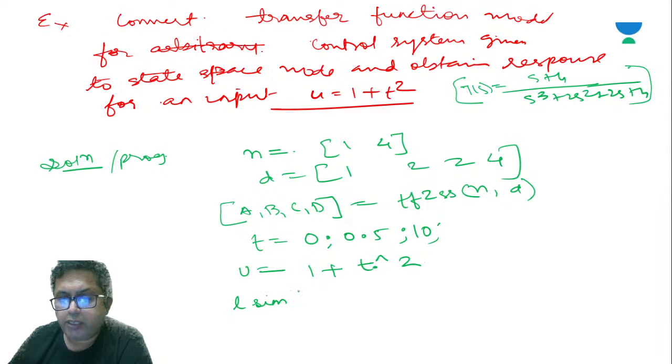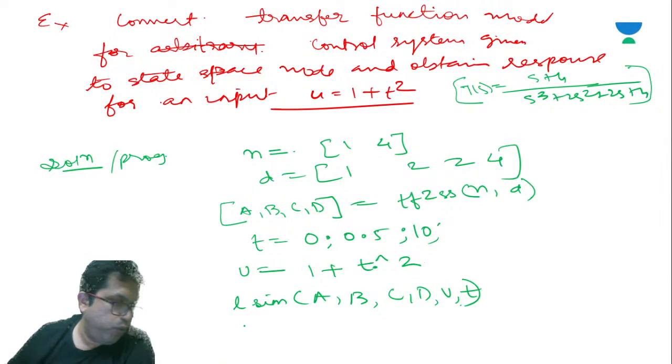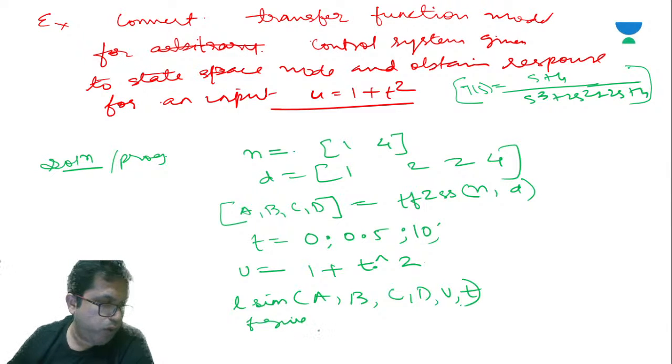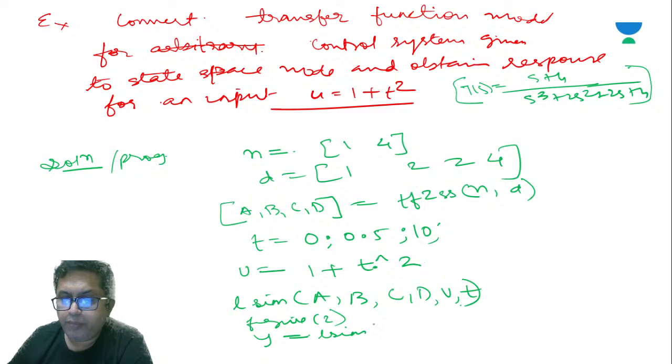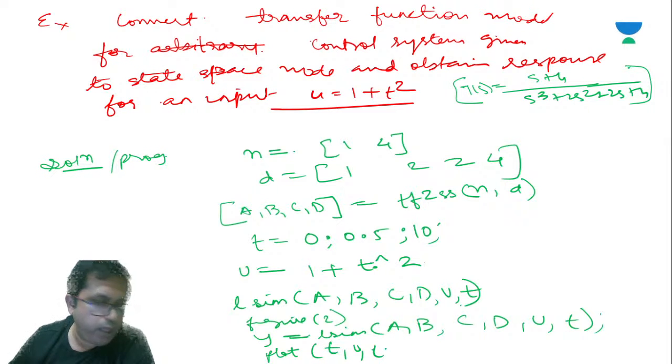Command is LSIM A comma B comma C comma D comma U comma T. Then I will say figure 2, y is equal to LSIM A comma B comma C comma D comma U comma T. Then say plot T comma U comma T comma Y, input and output.